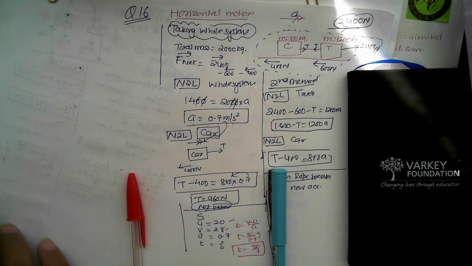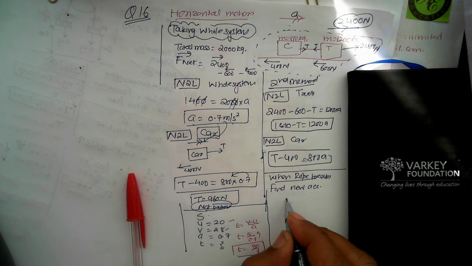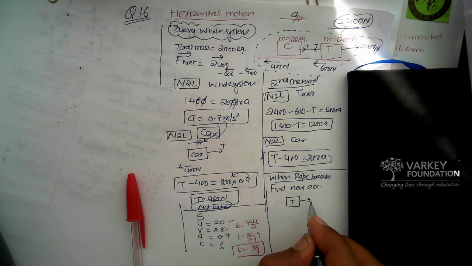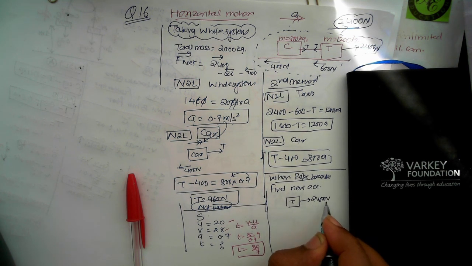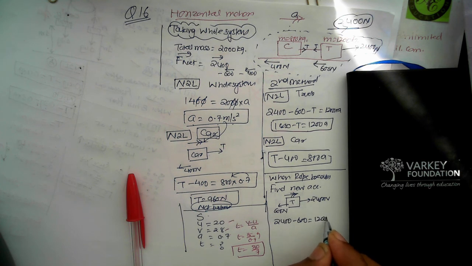The truck this time has the 2400 newtons and 600 newtons, that's the only resistance we have, and acceleration is in this direction. So Newton's second law, 2400 take away 600 equals 1200 times the new acceleration, and that is 1800 divided by 1200. The new acceleration is 1.5, I guess.